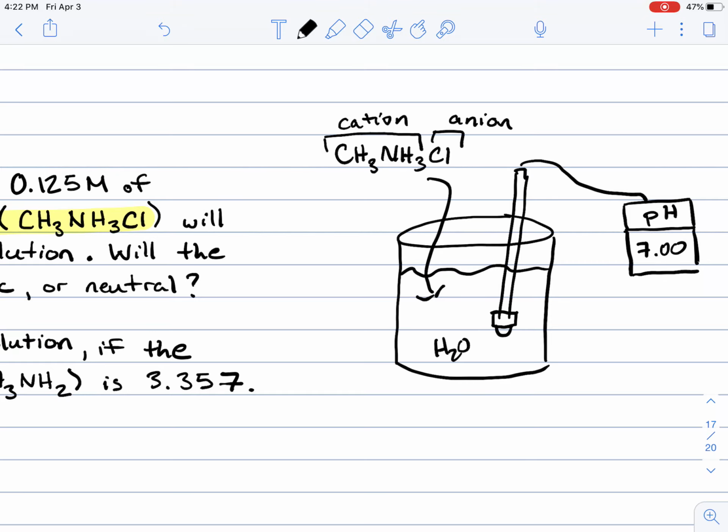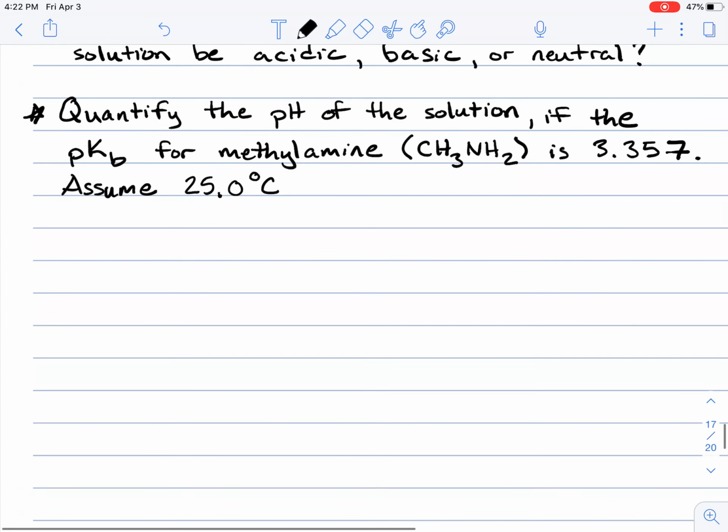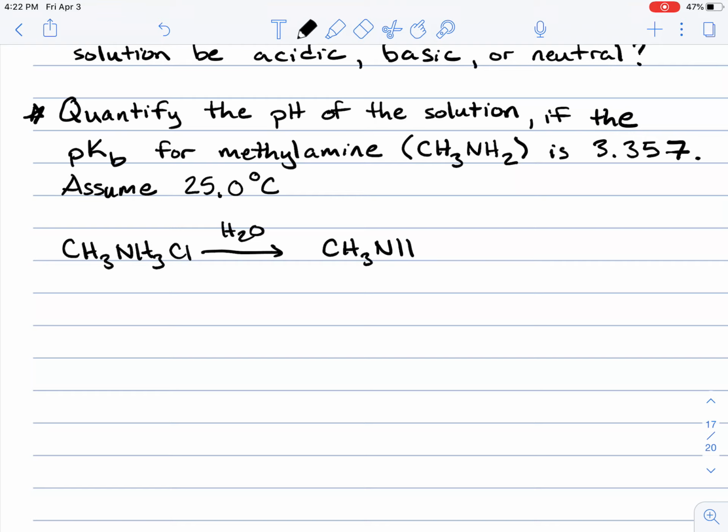When we place that compound in water, it's going to dissolve. So we're going to summarize everything in that picture in a chemical equation. We have CH3NH3Cl, and when we place this compound in water, what we get is methylammonium and chloride ion.